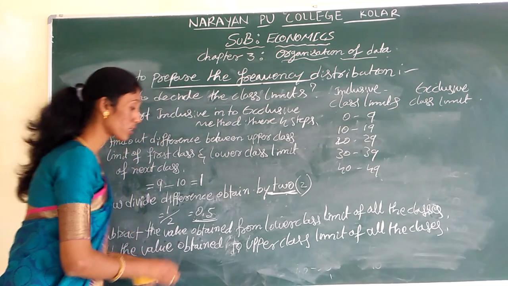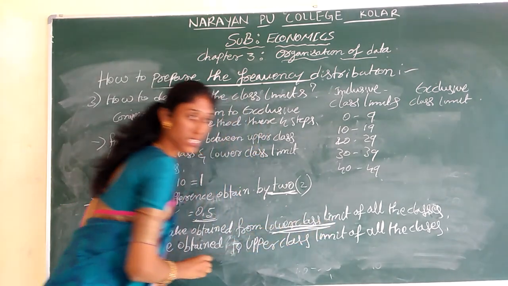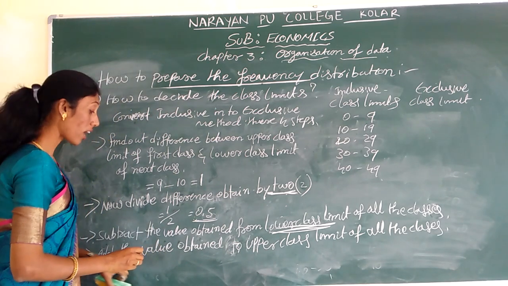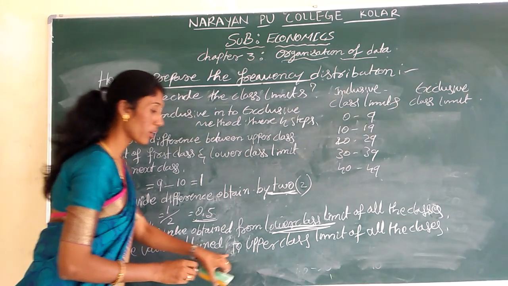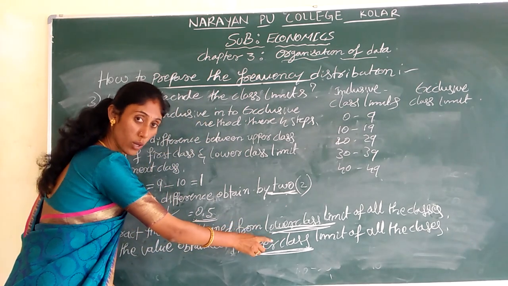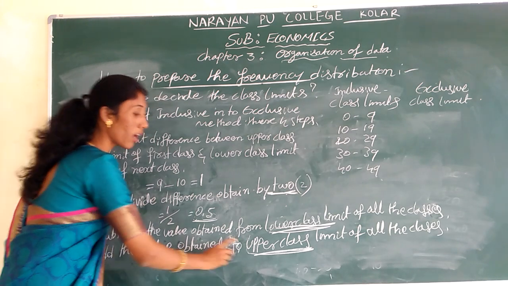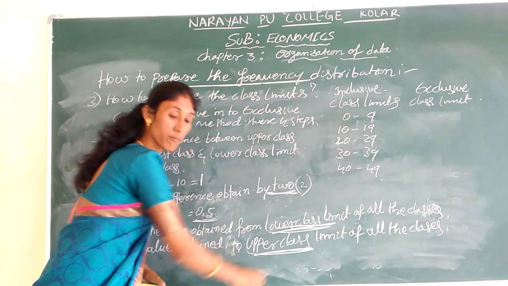Got it? Here we need to subtract the value from a lower class limit and add the value obtained to an upper class limit.